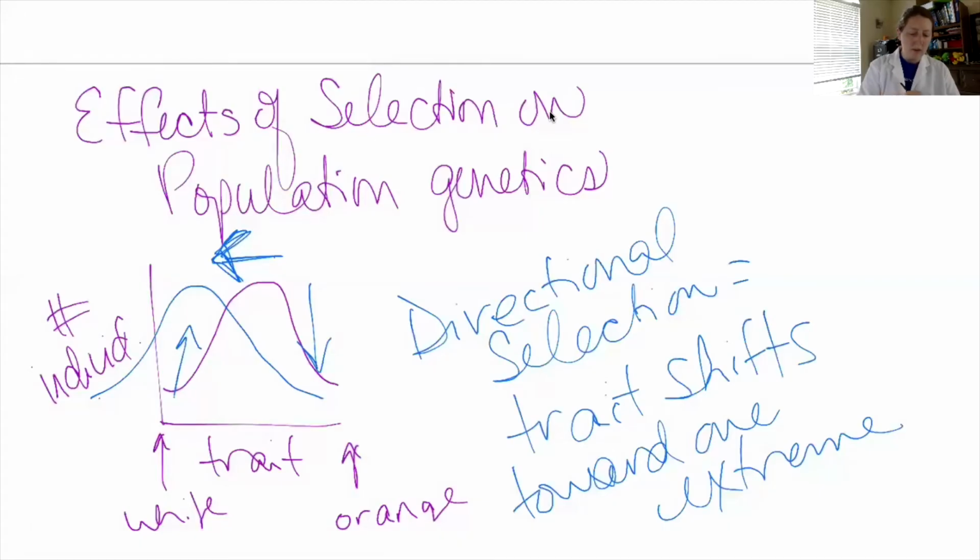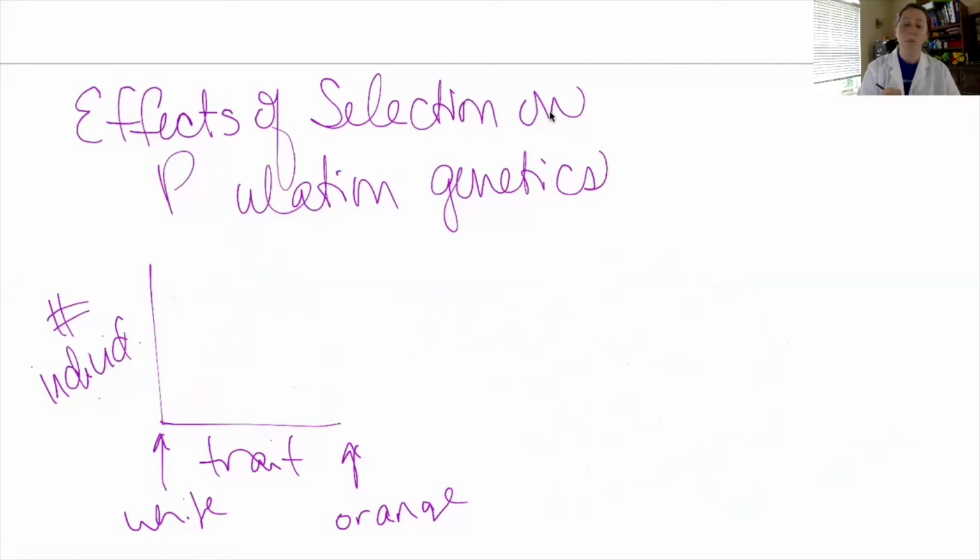In this one, again we have our trait, where we have few that are pure white, few that are pure orange, and most are in the middle, in that heterozygous region. This time, though, we selected against the middle. Anybody that was a heterozygote was being selected against, and anybody who was homozygous was preferred.